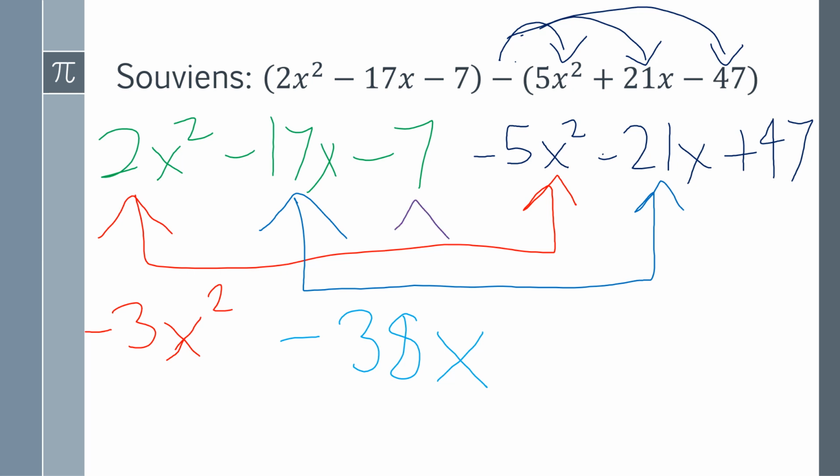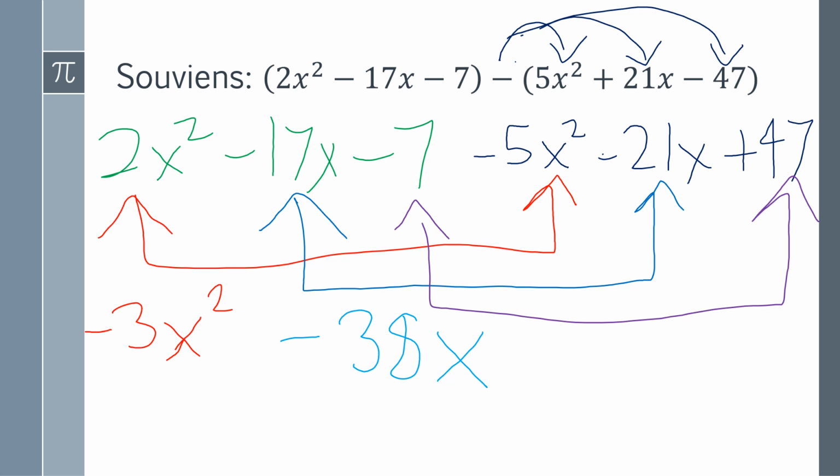So if I have a negative 7, but positive 47, what should my answer be? Since 47 is positive and bigger than the negative 7, you're going to have a positive answer. Remember, when you are adding with opposite signs, whoever's the biggest, in this case the positive 47, you should have a positive answer.